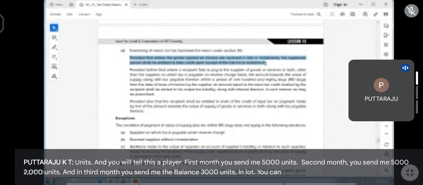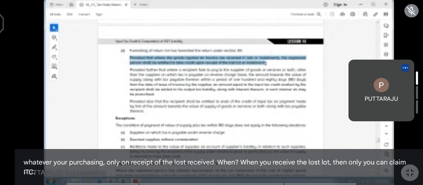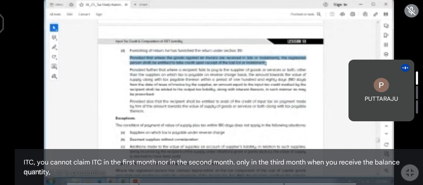You can claim the ITC with respect to that value only on receipt of the last lot. You cannot claim ITC in the first month, nor in the second month, only in the third month when you receive the balance quantity.